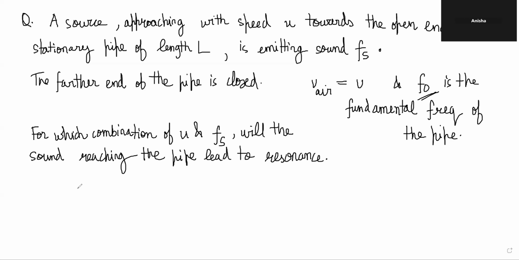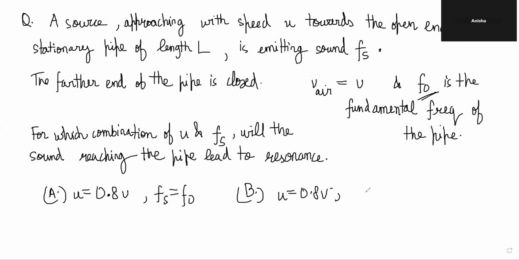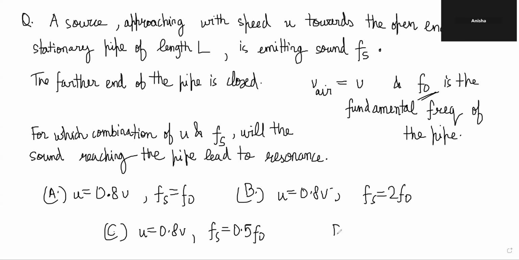So this source was emitting sound of frequency Fs, and F naught is the fundamental frequency of the pipe. Options: A, u is 0 and Fs is equal to F naught. B, u is 0.8 V and Fs is equal to 2 F naught. C, u is 0.8 V and Fs is equal to 0.5 F naught. And D, u is 0.5 V and Fs is equal to 1.5 F naught.